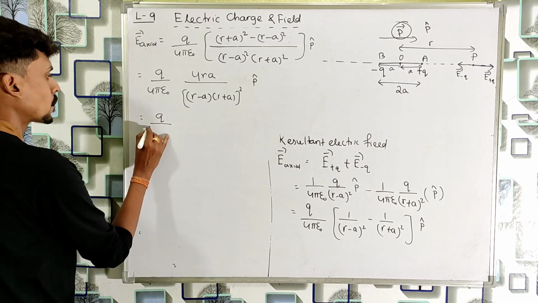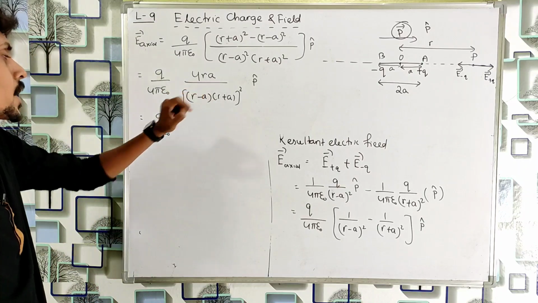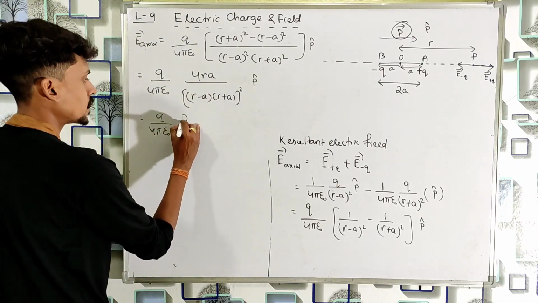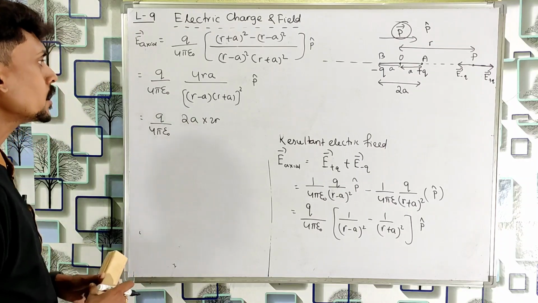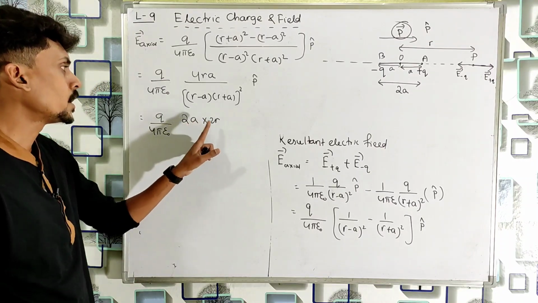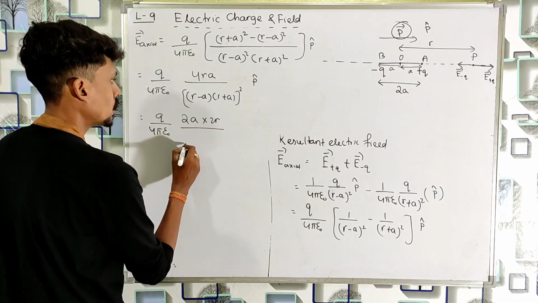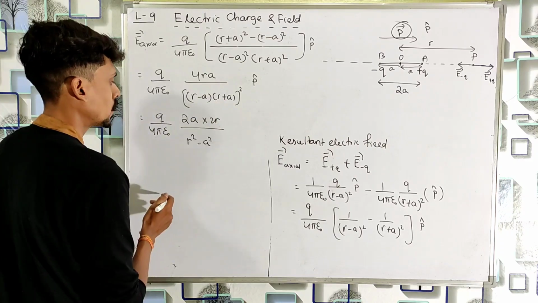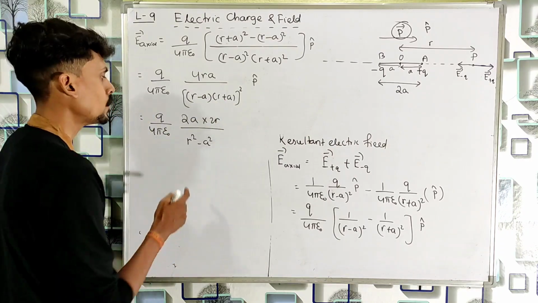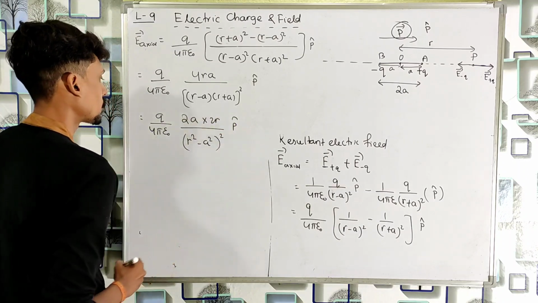So Q by 4 pi epsilon naught. This 4RA can be written as 2A into 2R divided by, this one will be R square minus A square, A minus B into A plus B means A square minus B square. So we'll have R square minus A square whole square into P cap.